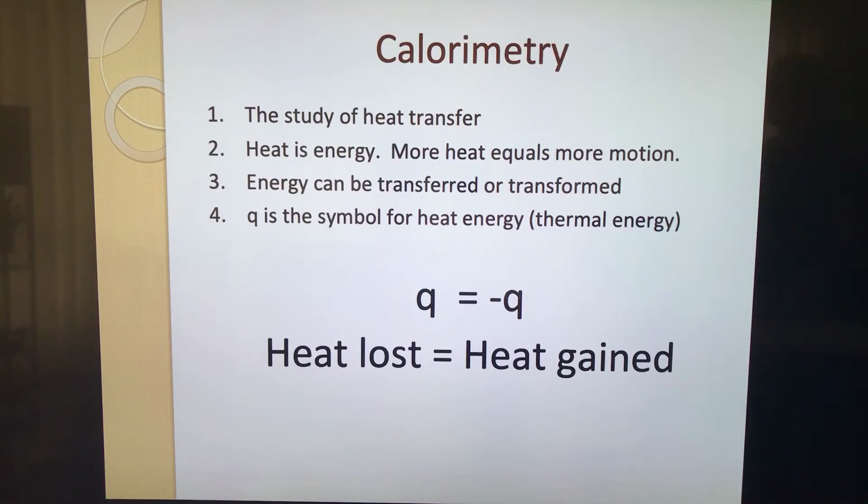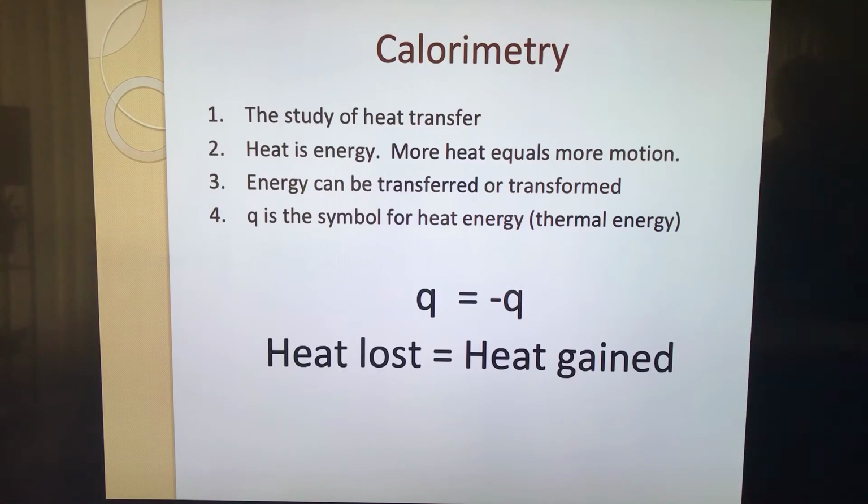So as we heat things up, we make molecules move faster. Energy can be transferred or transformed, but in this case, all our heat energy is going to stay heat energy this year and for the next month and a half. Energy is always going to stay as energy.